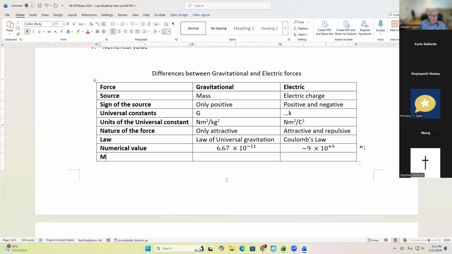Macroscopic versus microscopic world. This is a macroscopic force. Type of force. This is a microscopic force.